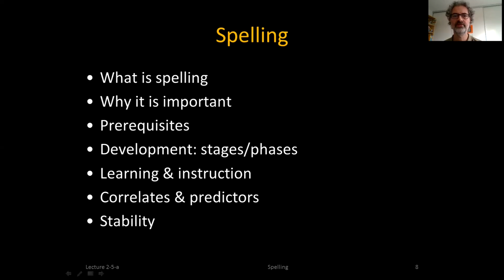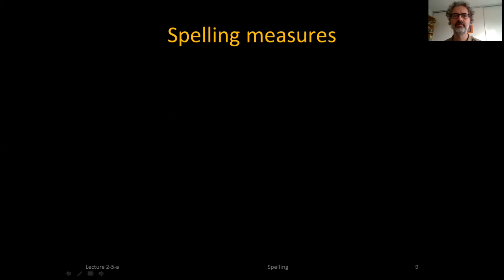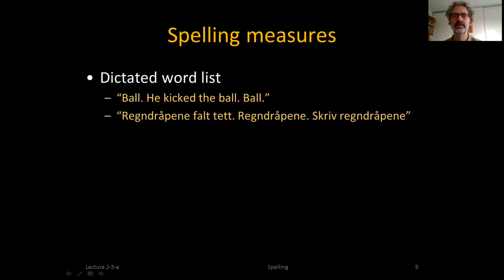How do we measure spelling performance? The most common way is to dictate words to children to write. When there is a word list to be dictated, in which there are words that are chosen for specific orthographic patterns, the words are dictated in isolation and then in context, so that the child knows which kind of word it is.